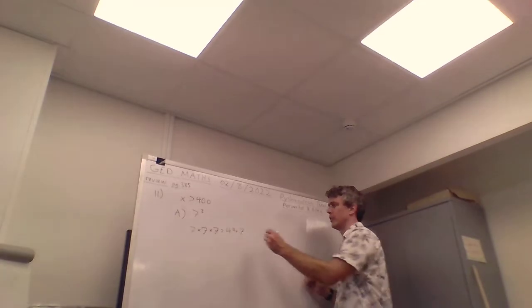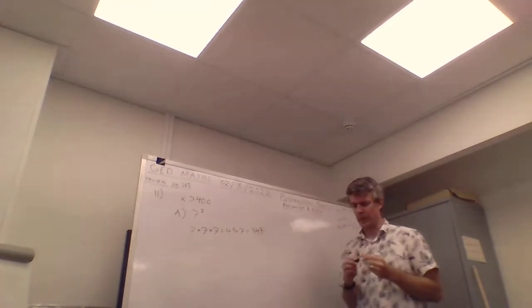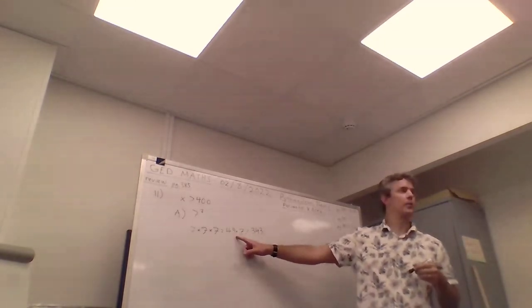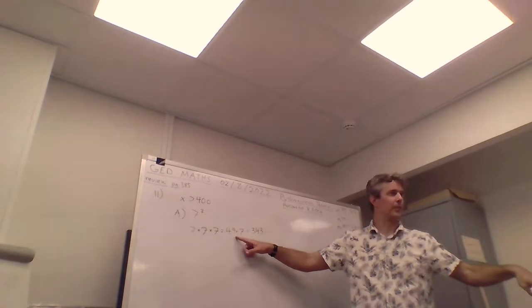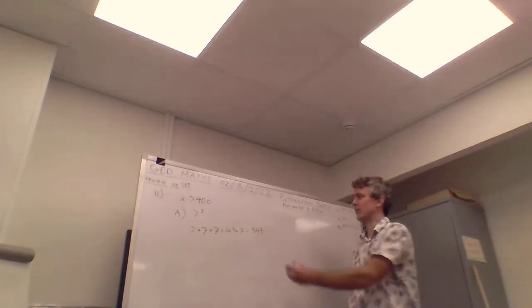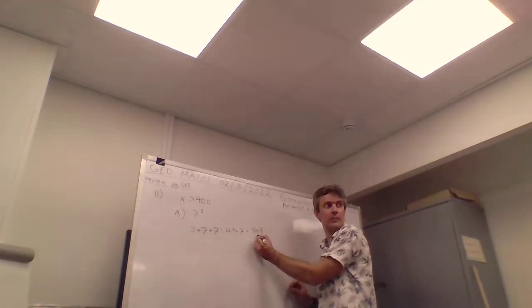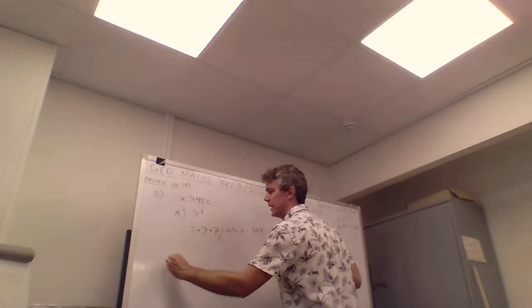You got 343. All right, 343. How I would do this in my head is 50 times 7 is 350. Take one 7 away for 49, gives me 343. Okay? Is this greater than 400? No. So not A.